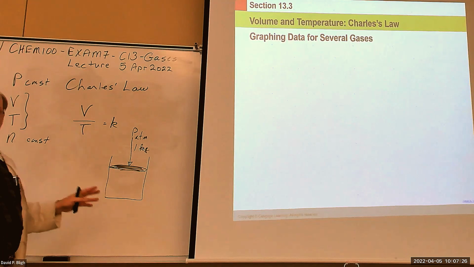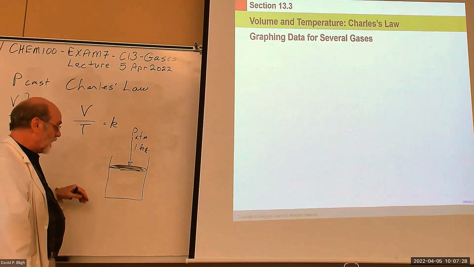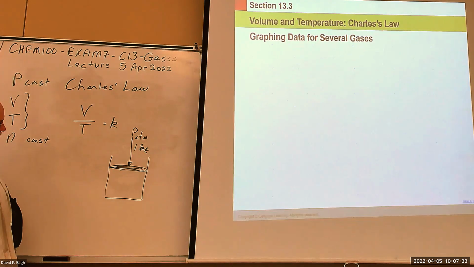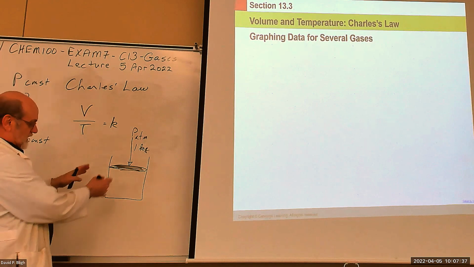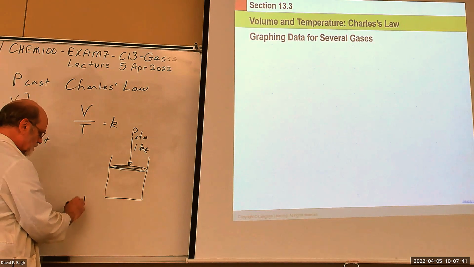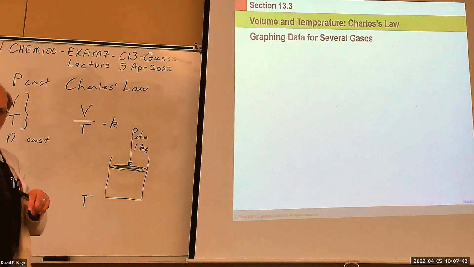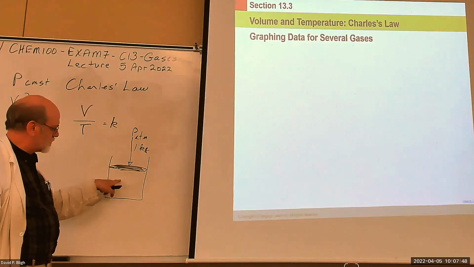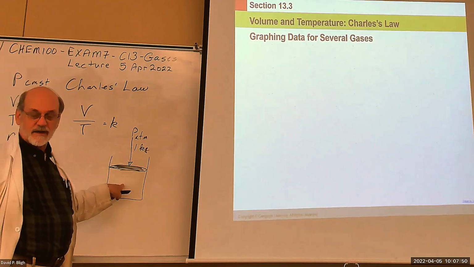Now, how about the temperature? Well, you can measure the volume easily, right? You just measure the height. But the temperature, you need something where you can measure the temperature, and you want your thermometer to measure the temperature of the gas inside.